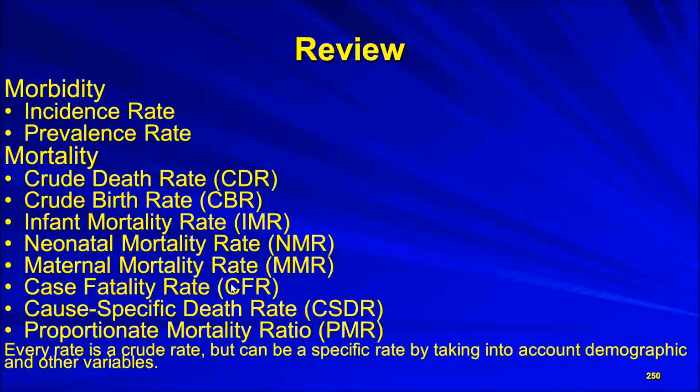And you know that all of these are crude rates because none of them include specific information related to demographics. Okay, so you've seen the table that we've shown you earlier, where you can make a crude rate into a specific rate.